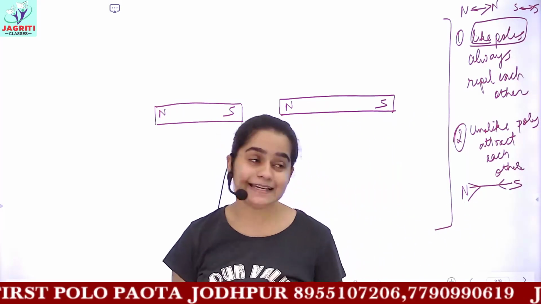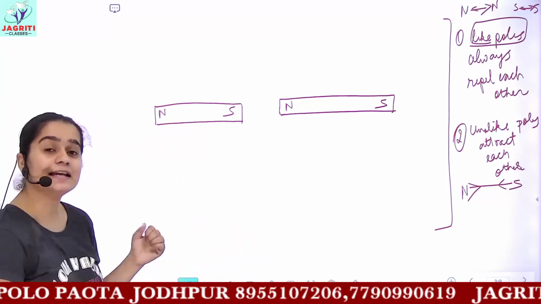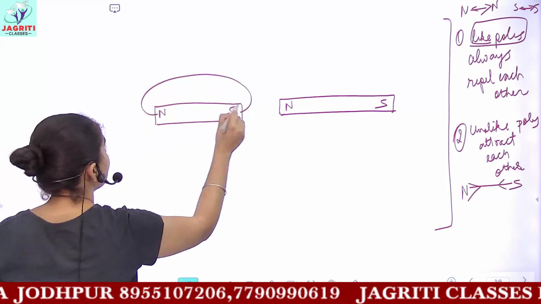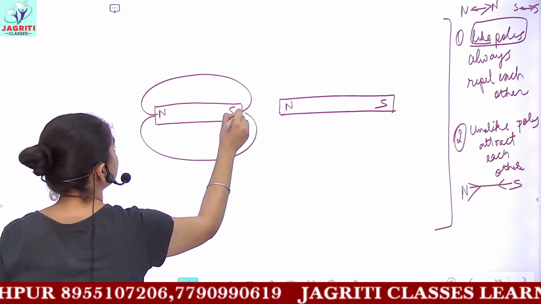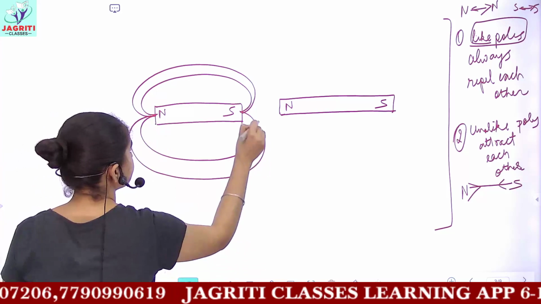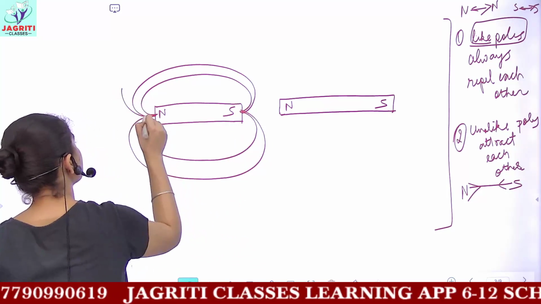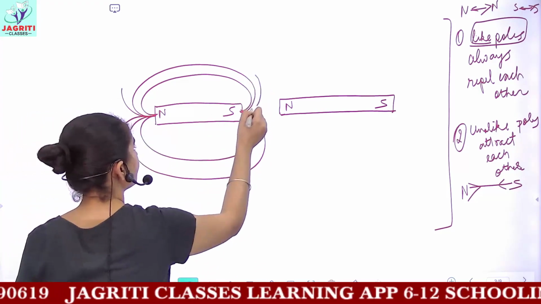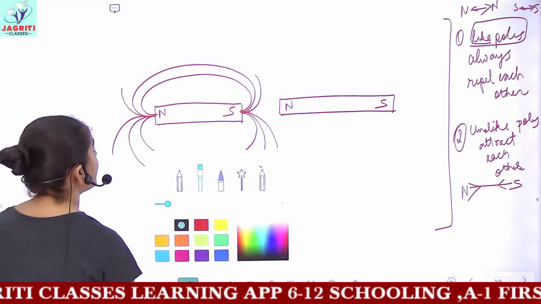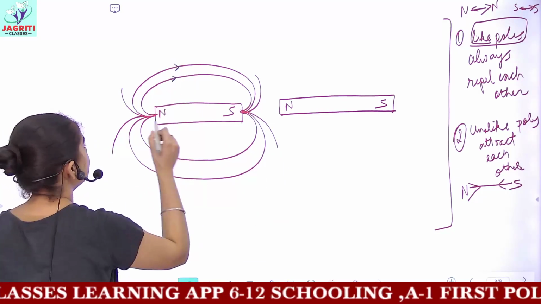If we see the direction of magnetic field lines, then for this magnet the magnetic field lines would be like this, from North Pole to the South Pole. Okay, this would be the direction. And yes, I have to make the arrows to signify the direction.